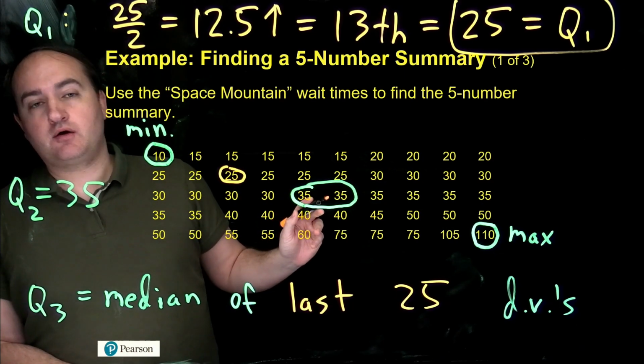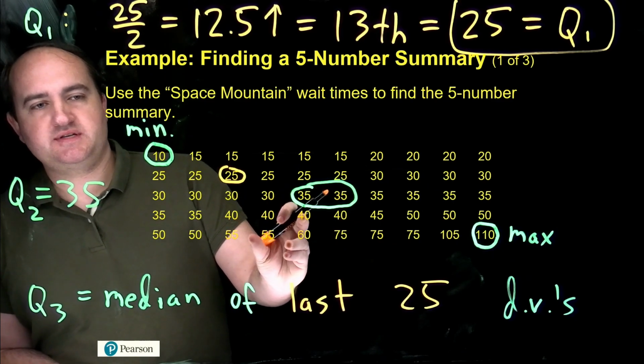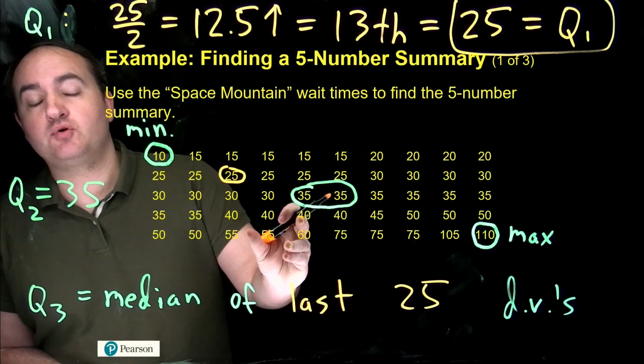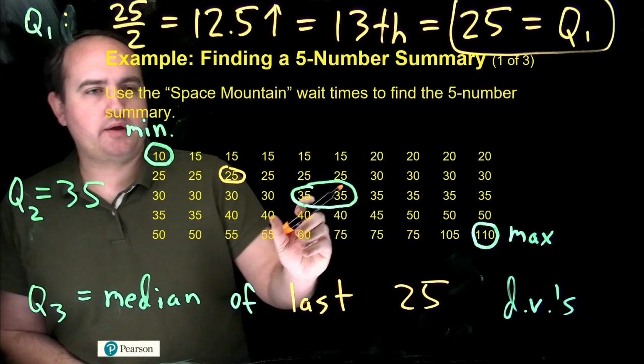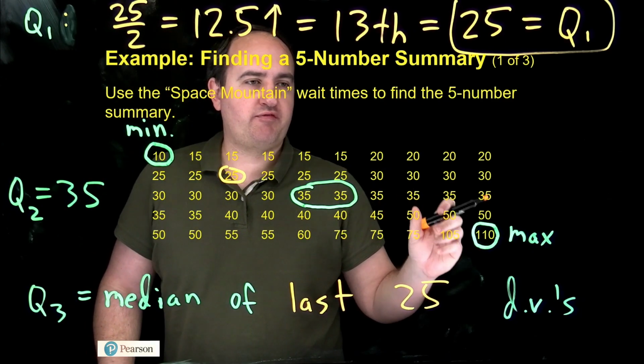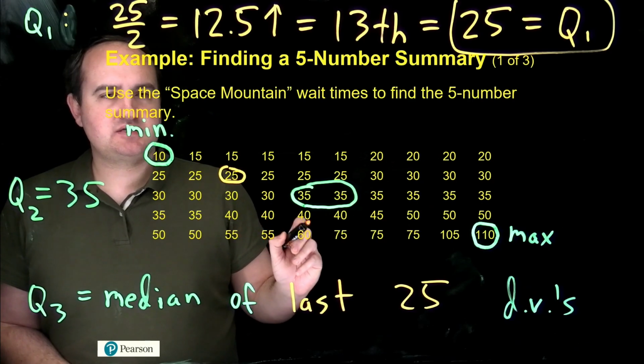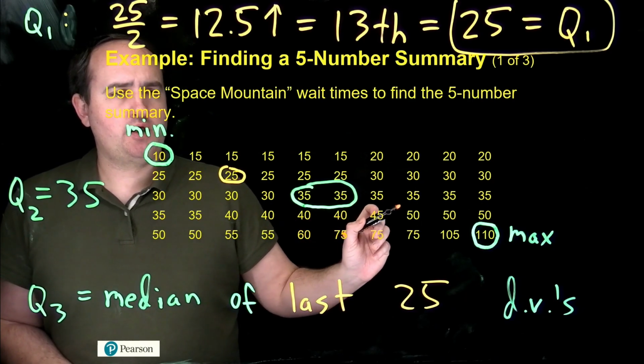So we can just count. This is number 26. Including this one, we need to count to 13, and that will give us the median of the last 25 data values. So 1, 2, 3, 4, 5, 6, 7, 8, 9, 10, 11, 12, 13.